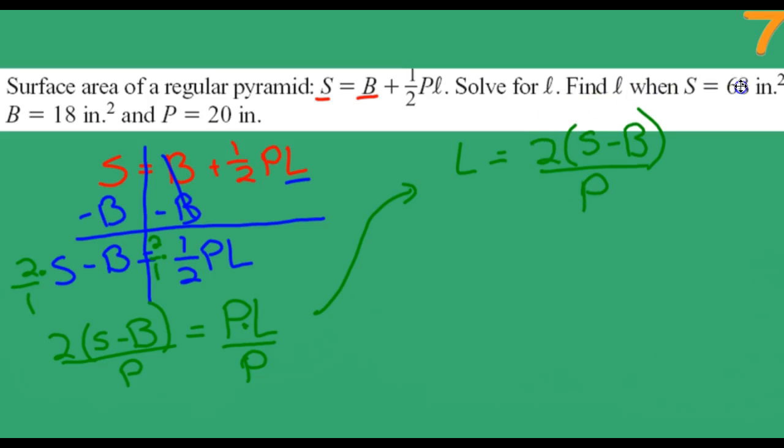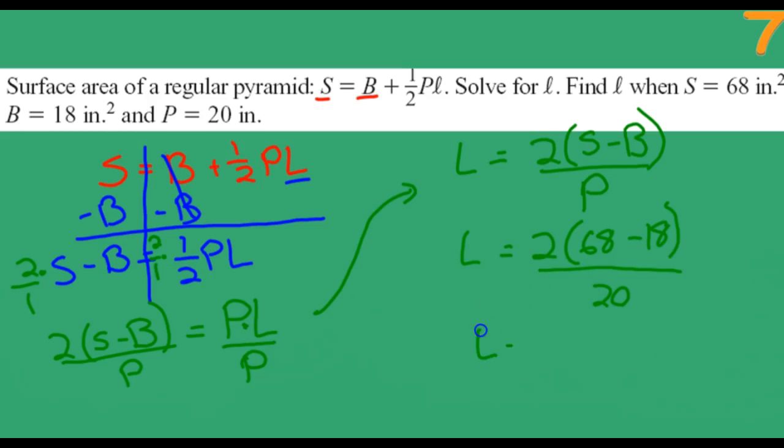Now it says find L when S equals 68 inches squared, B equals 18 inches squared, and P equals 20 inches.